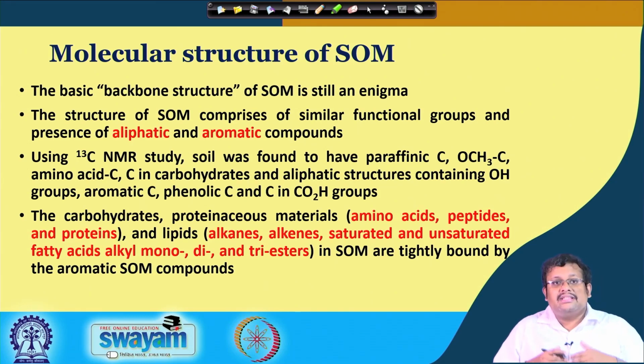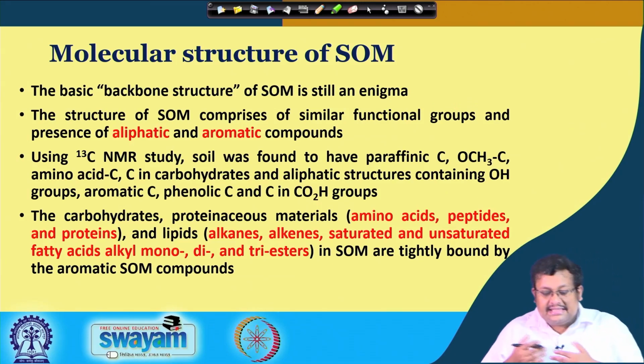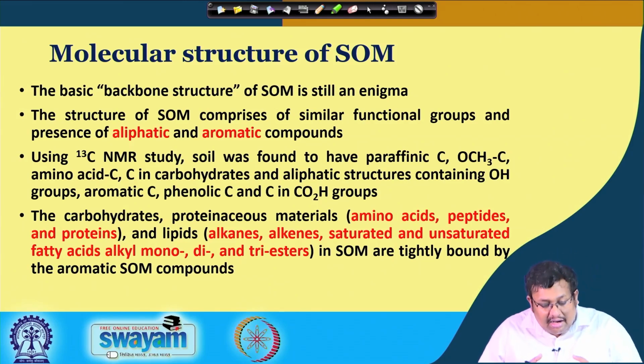So, the carbohydrates, then proteinaceous materials like amino acids, peptides and proteins, and lipids like alkanes, alkenes, saturated and unsaturated fatty acids, alkyl mono, di and triesters in soil organic matter are tightly bound by the aromatic soil organic matter compound.